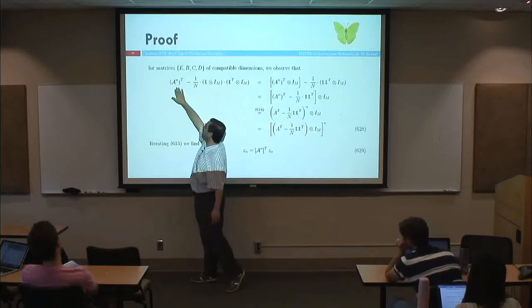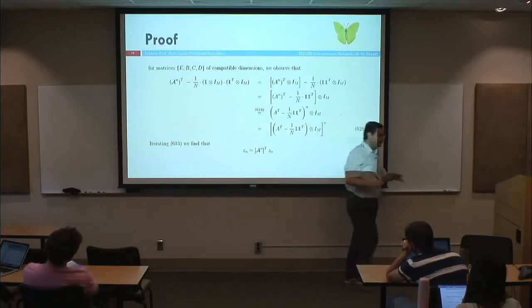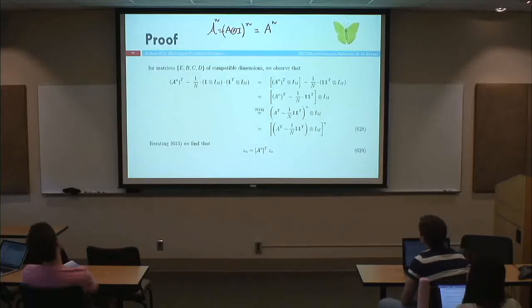So take this matrix. Remember, by definition, this calligraphic A is A Kronecker product I. So A to the n is this to the n, which we know from properties of Kronecker products is this. So that's why you have this.